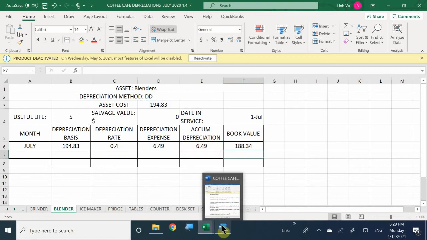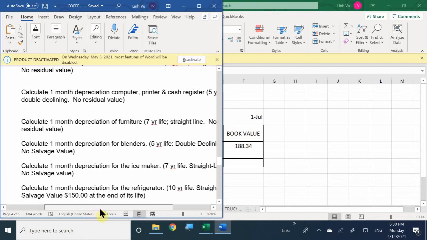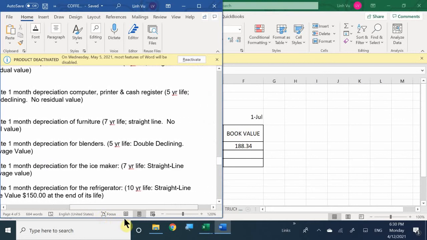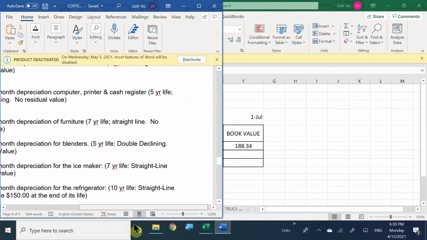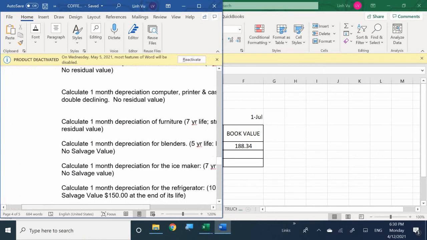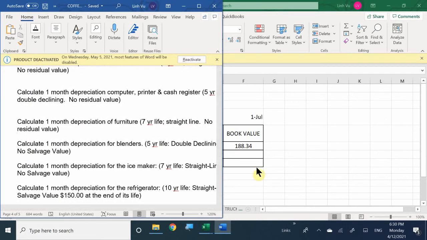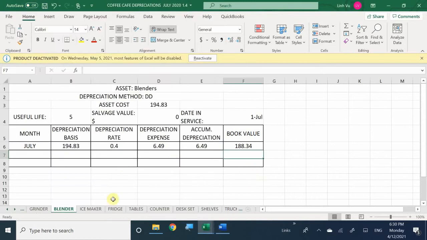All right. So let's see what happened next. Here we have to calculate 1 month depreciation on the ice maker. It has 7 years of life, straight line, with no residual value. So let's go ahead and take a look at this. Let's find our ice maker.